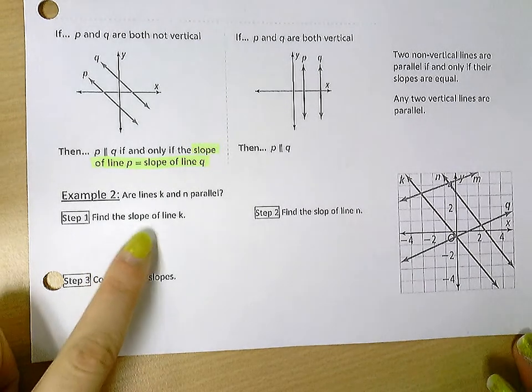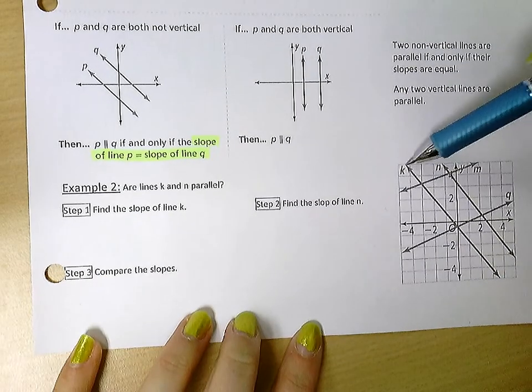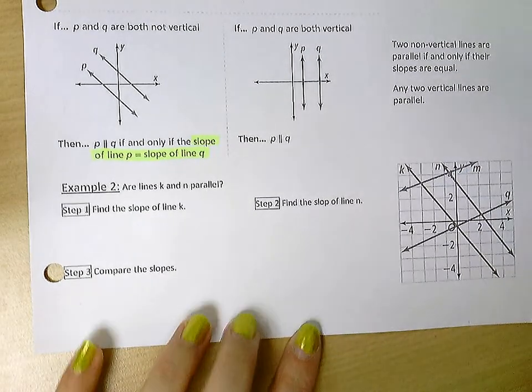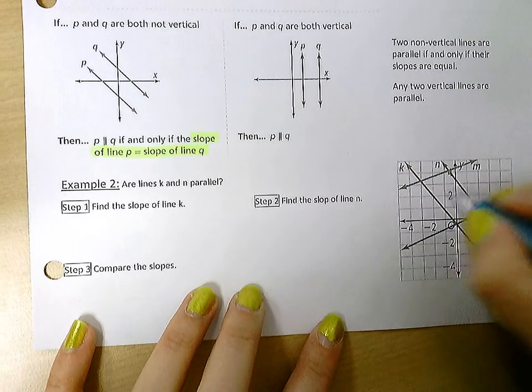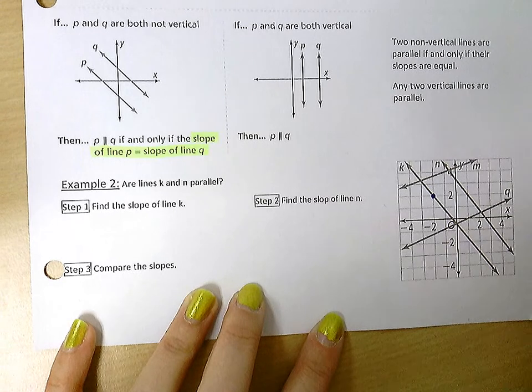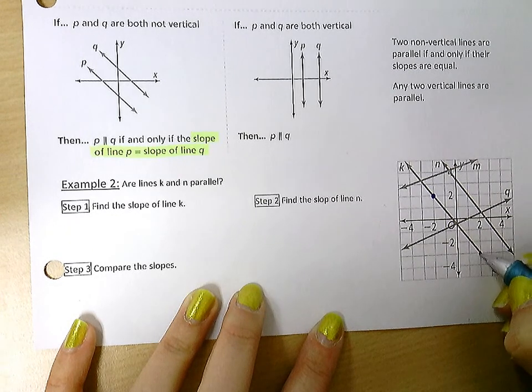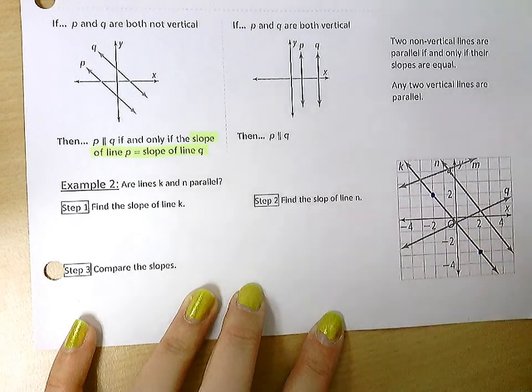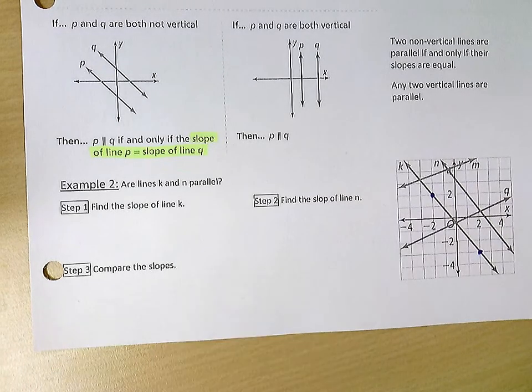So finding the slope of line K, I need to find 2 points on line K. I have one right here and another right here.